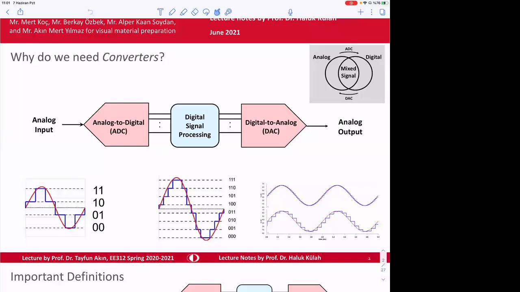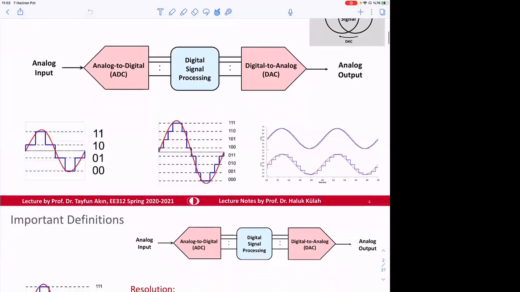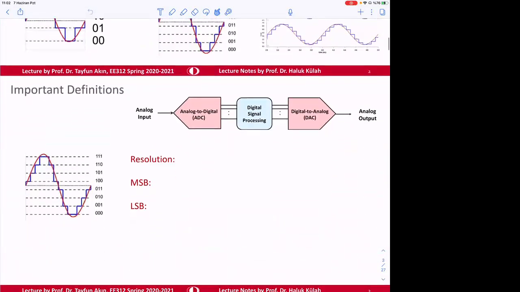And at the end, again, we can use maybe some filters to smooth out that signal, so it looks more like a sine wave at the end. So this is the general concept, why we need A to D converters and D to A converters.